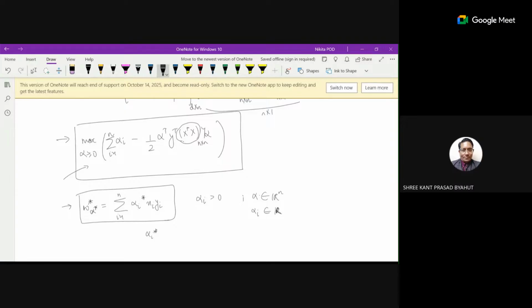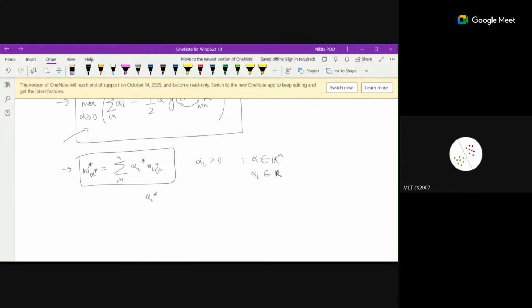If alpha is 0, the vector is 0, all the values of all the dimensions are 0, then it will not contribute to the value of w. All this says is that if my alpha i star is 0, then those data points are not contributing towards my W star. Correct. So only the points for which alpha i star are positive are contributing towards my W star.